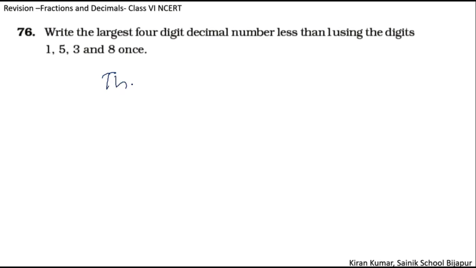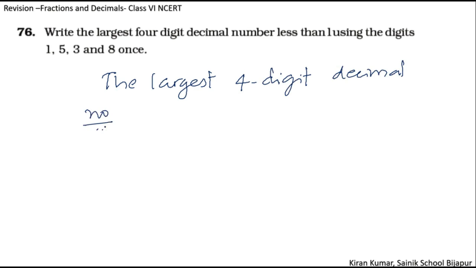So the largest 4-digit decimal number will be, I need to write 0 point because it's a decimal. Now I'll start writing with a larger digit, 8531. This will be the largest 4-digit decimal number possible with 1, 5, 3 and 8, which are not repeated any number of times.